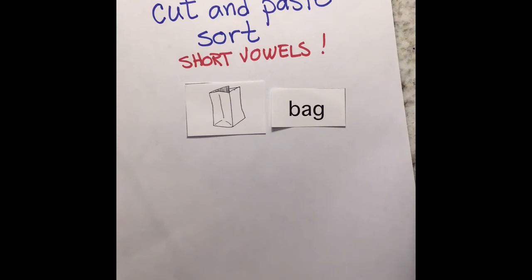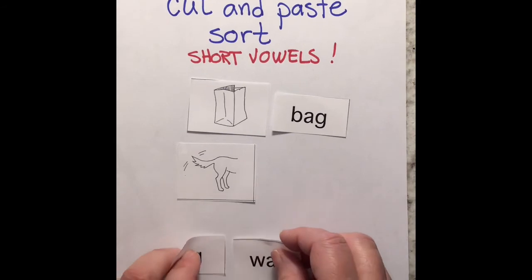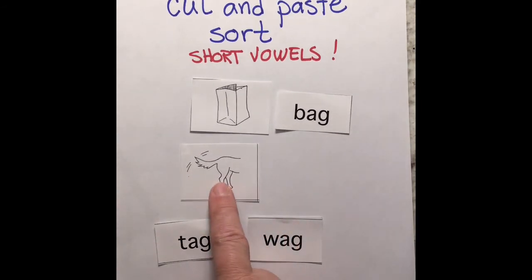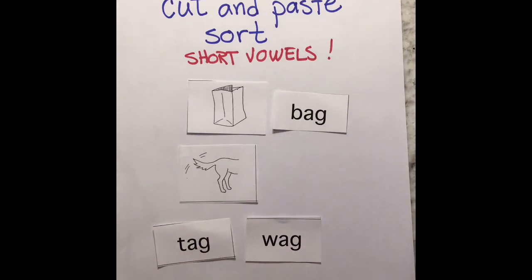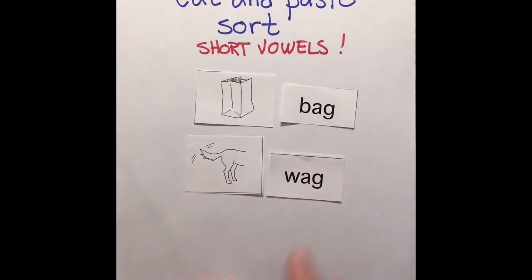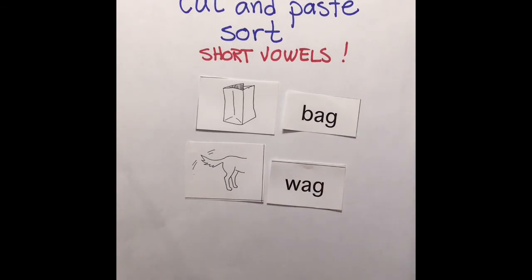The next word we're going to try to find, let's see, what's that picture from yesterday? That's a picture of wag. All right, one of these two words is wag. What would you expect to see at the beginning of wag? A W. Which one of these words is wag? There it is. So what's that word? Wag. And what's this word? Bag. Good.